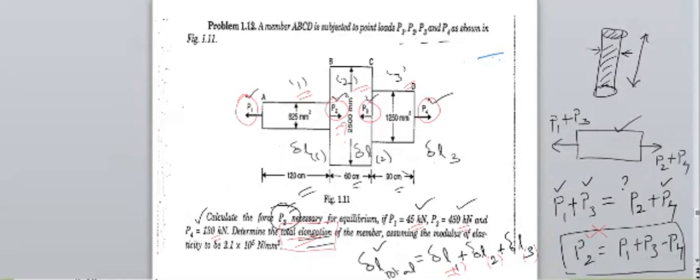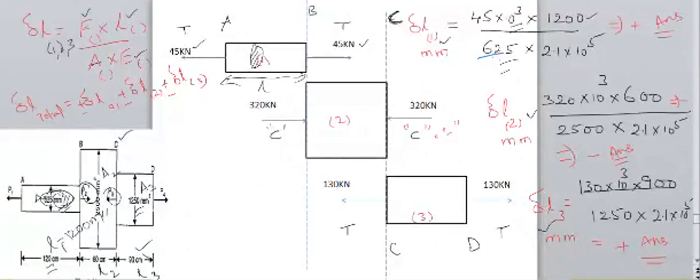So here the Young's modulus is also in mm square only. Therefore, directly I can consider it as 2.1 into 10 to the power of 5.